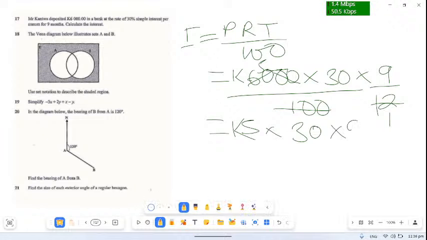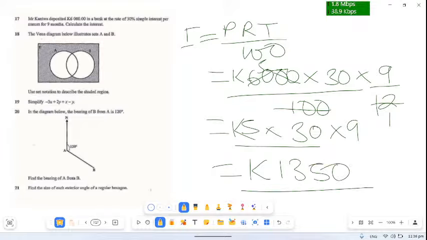So we say equal to 5 times 30 will give us 150. 150 times 9 will give us 1,350 kwacha. Okay, so that is the interest that was made in 9 months, 1,350 kwacha.